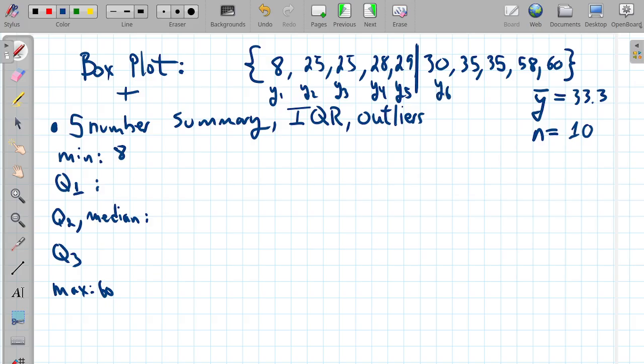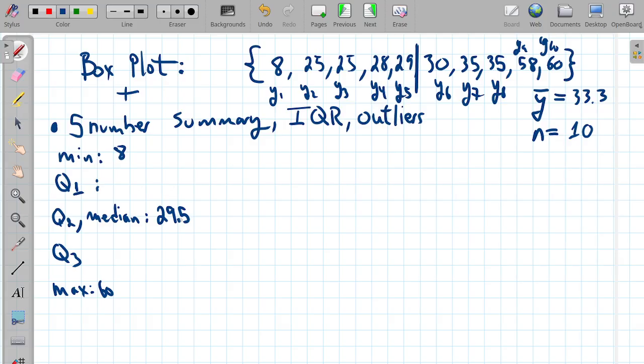That makes this y6. I'll just finish this off: y7, y8, y9, and y10. Anyway, the median then is the average of those two numbers. So 29 and 30 gives us 29.5.